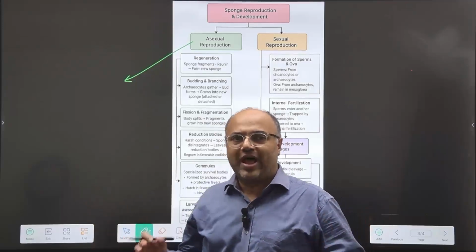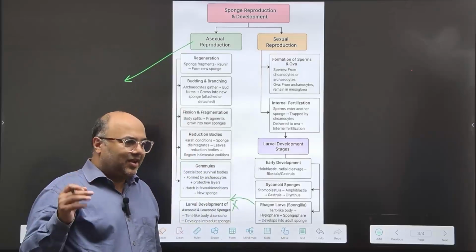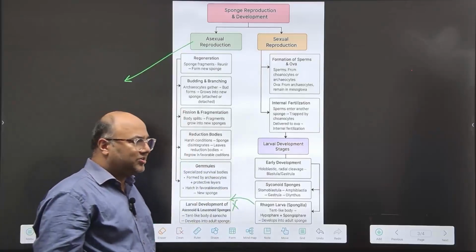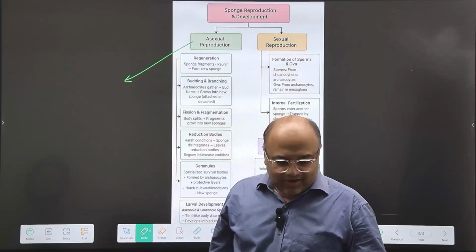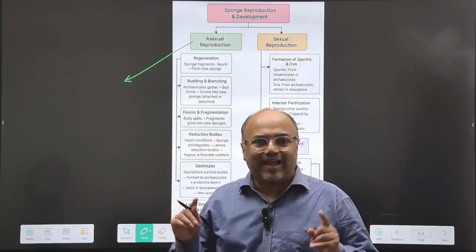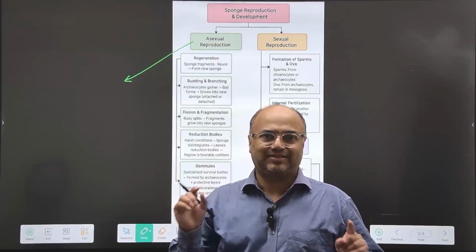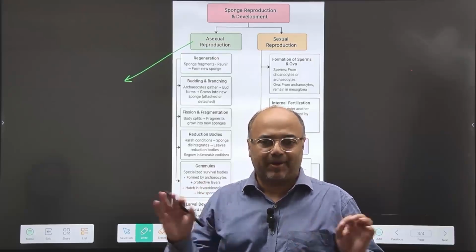So how should I define asexual reproduction or understand it? Asexual reproduction does not involve fertilization or fusion of gametes. That is not going to happen.